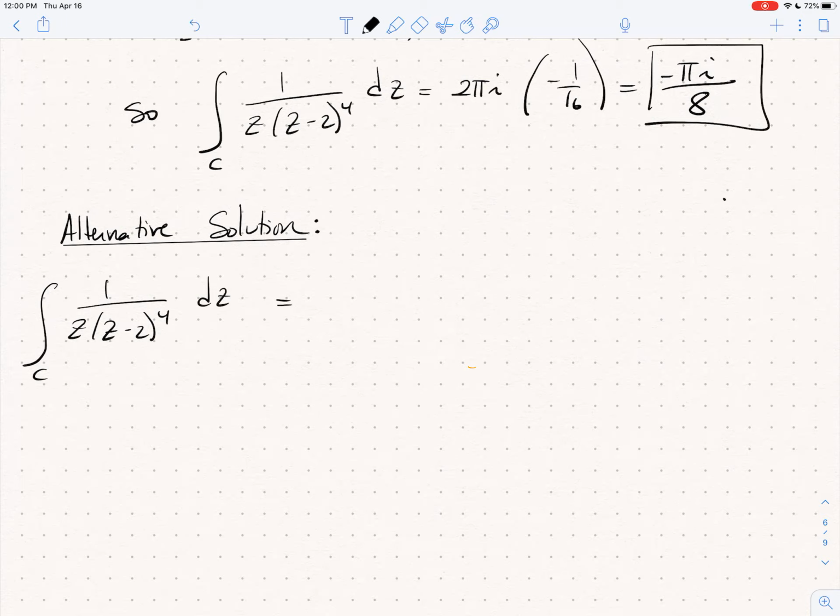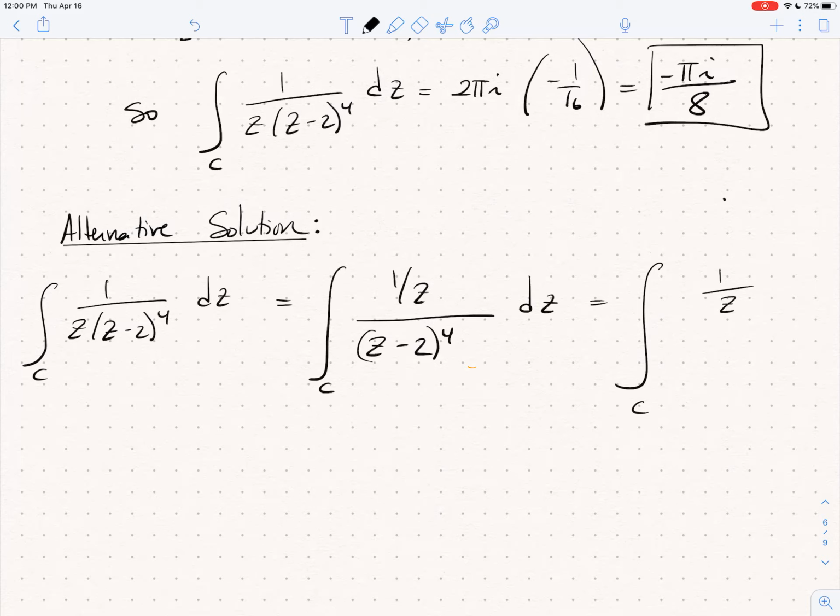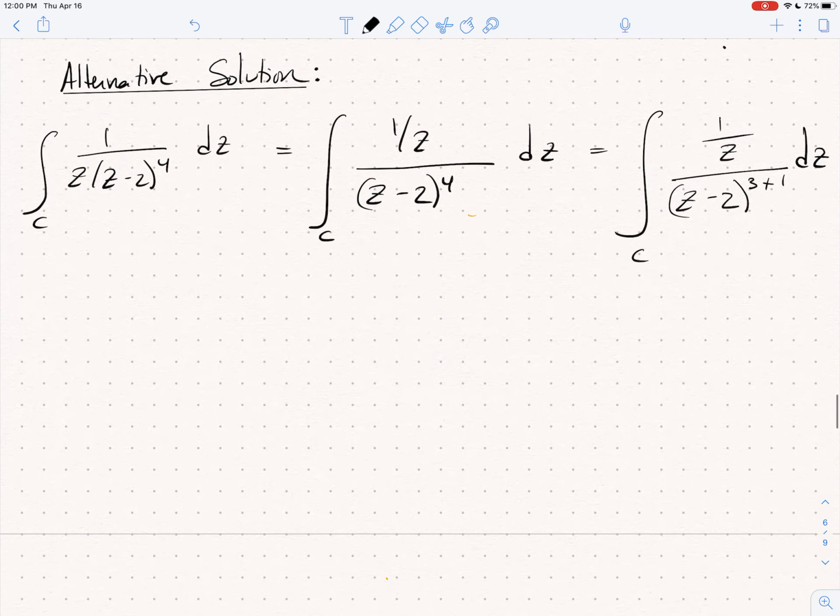So I'm going to think about this integral as the integral over c of 1 over (z minus 2) to the fourth dz. And just to be clear, I'm going to write the exponent 4 as 3 plus 1. The reason I'm doing that is because I want to make sure that we see what our n is. n is 3.